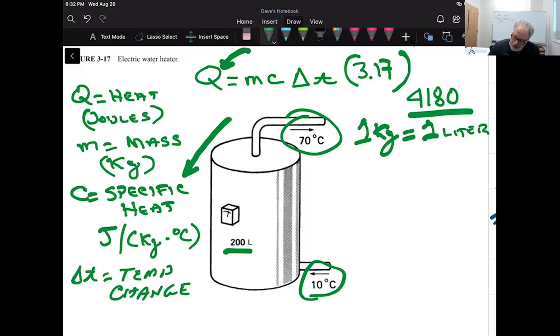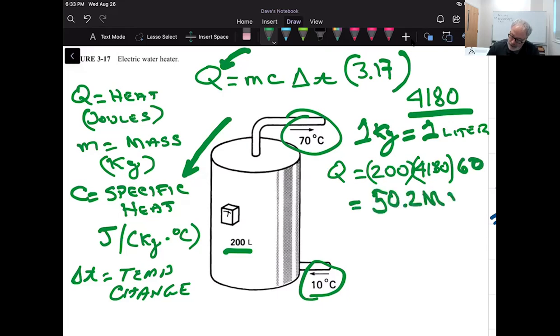So as I go to plug into my equation, Q is equal to 200 kilograms for 200 liters, times the specific heat capacity, 4180 joules per kilogram degree C. And then the change in temperature is the difference between 70 out and 10 in, which is 60. Multiply that out, and I get 50.2 megajoules of energy that's needed.